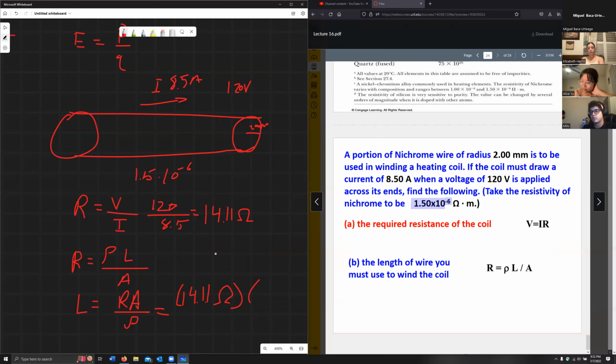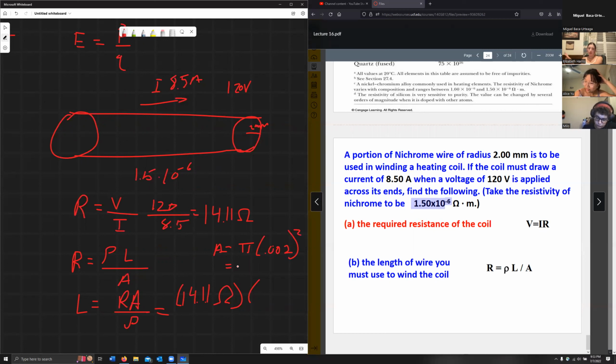I'm not going to make the same mistake here. So we're going to say area is equal to the area of a circle, right? Am I remembering this right? It's not 2 pi r squared. It's just pi r squared. Okay.